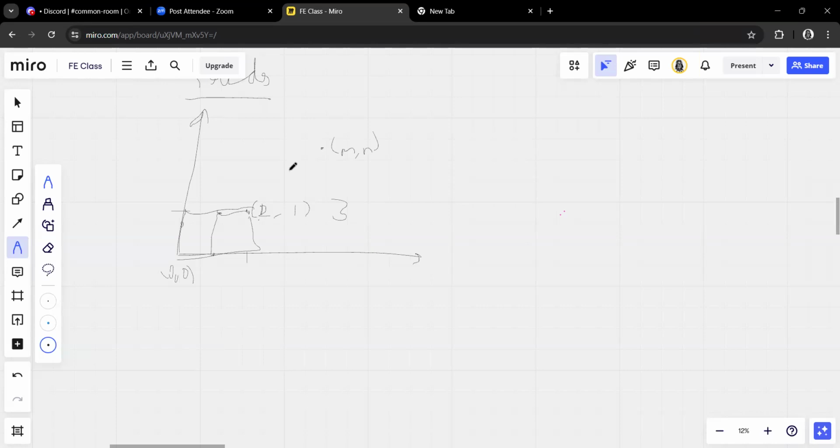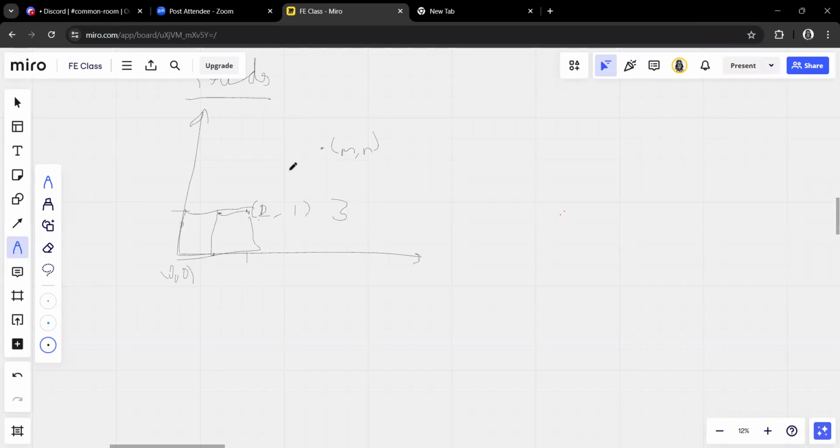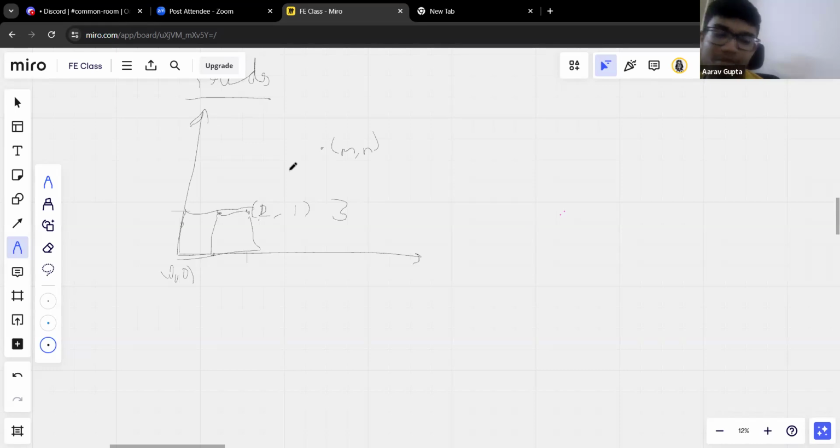Yes. So we have to take m rightwards and n upwards, and we can take them in any order. What was it? I forgot how to calculate that. M plus n choose n, or m plus n choose m.